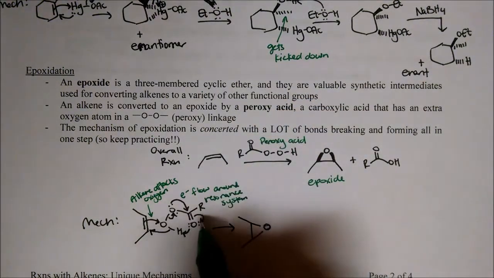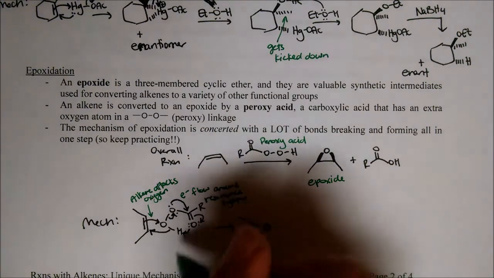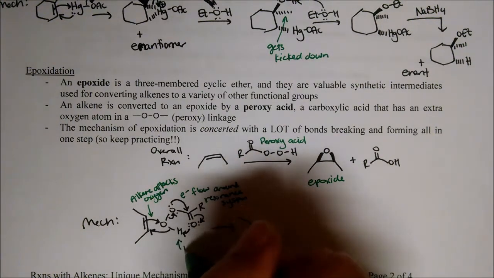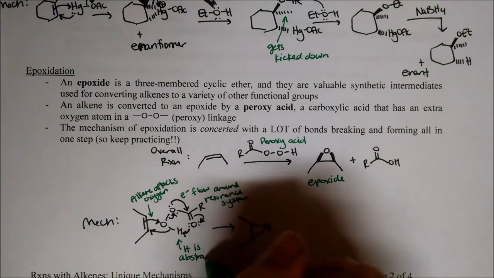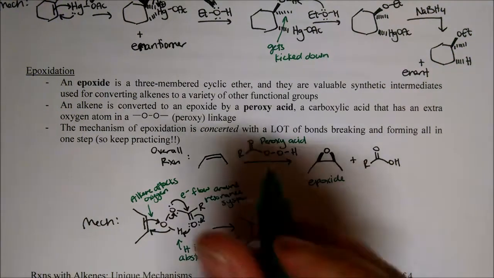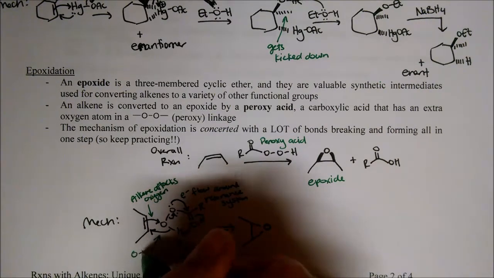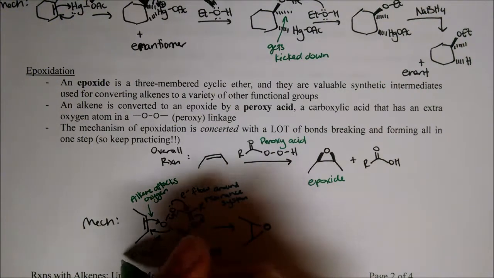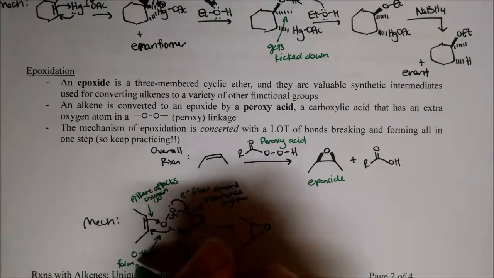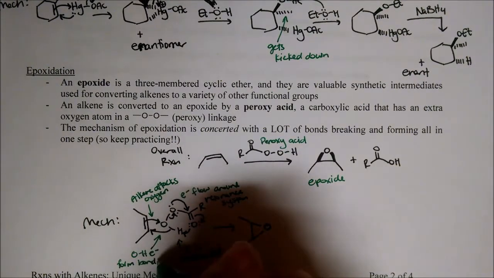Okay. In doing so, this H can then be abstracted. H is abstracted. And then it's these electrons that come back around. Okay? The OH electrons form the other bond with carbon.